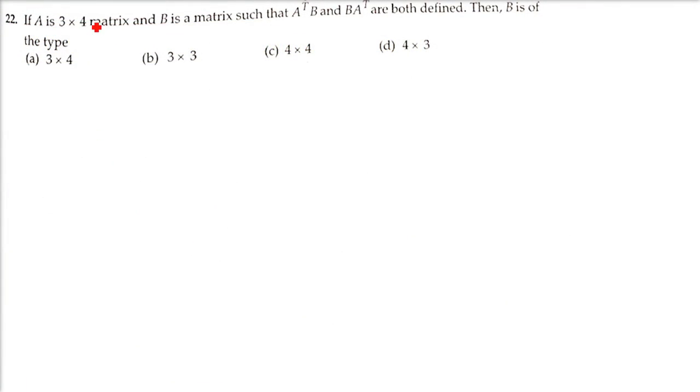If A is a 3 by 4 matrix and B is a matrix such that A transpose B and B A transpose are both defined, then the order of B is to be found out. Now A is given as 3 cross 4 and A transpose B is defined. In transpose, the row becomes column and column becomes row.